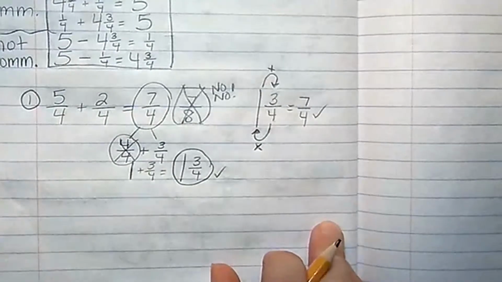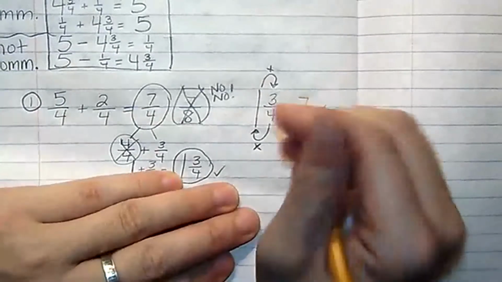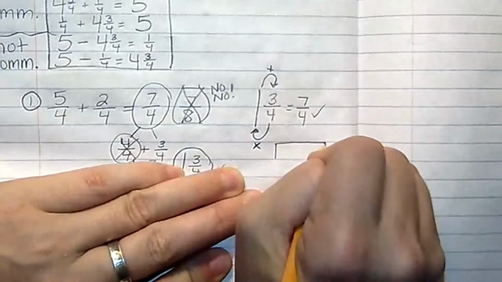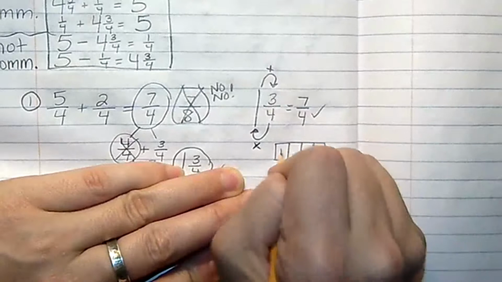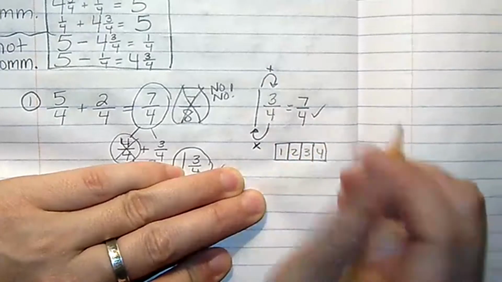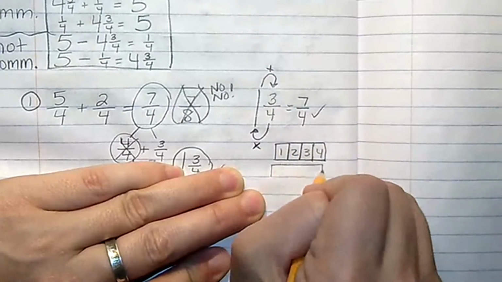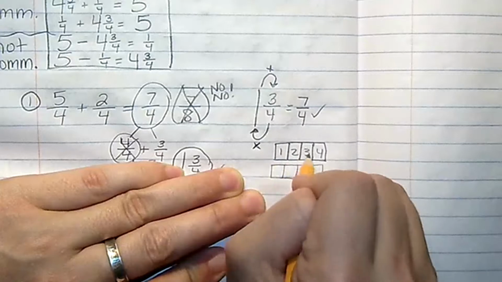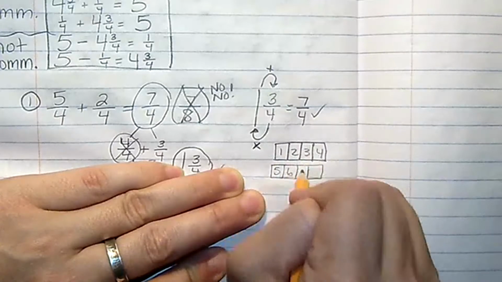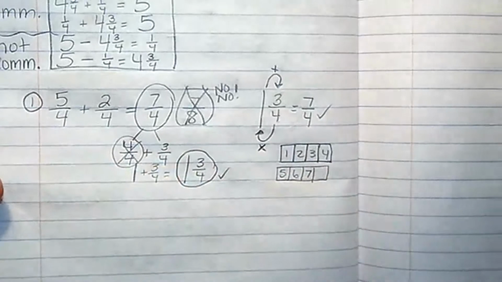I'm going to draw my chocolate bars to equal 7/4. I'm going to draw a chocolate bar and split it into fourths. That gives me 1, 2, 3, that's 4/4. Let's draw another chocolate bar. Split it into fourths. 1, 2, 3, 4, 5, 6, that's 7/4 right there.